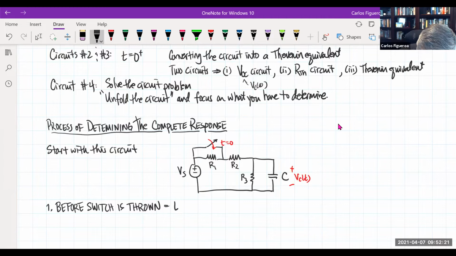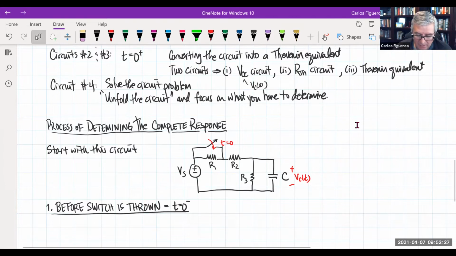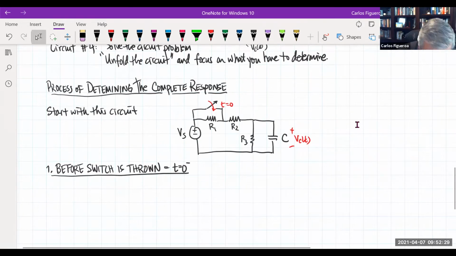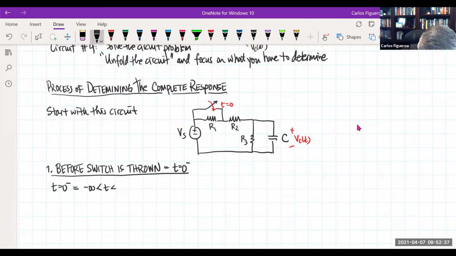In other words, at t equal to 0 minus. Remember, t equal to 0 minus really means minus infinity to 0. That means I always have some initial steady state.